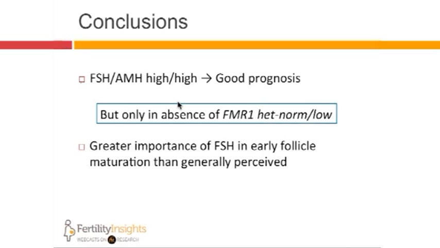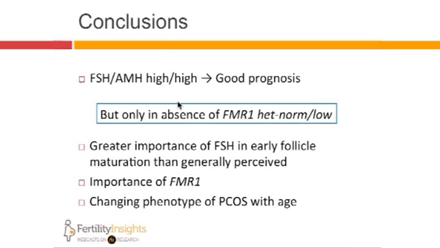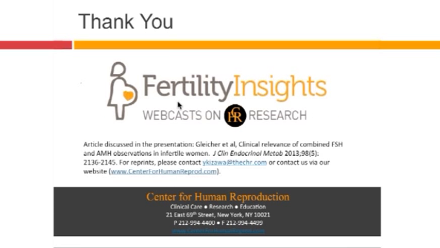And once again, that fits very well into another theme which we're currently investigating in our laboratory, which is the synergistic action of FSH and androgen at very early stages of follicle maturation. And again, the importance of FMR1 obviously in ovarian aging. The changing of the phenotypes with PCOS, I already alluded to, very important as a clinical consideration in management. Thank you very much, and I will be happy to take questions.